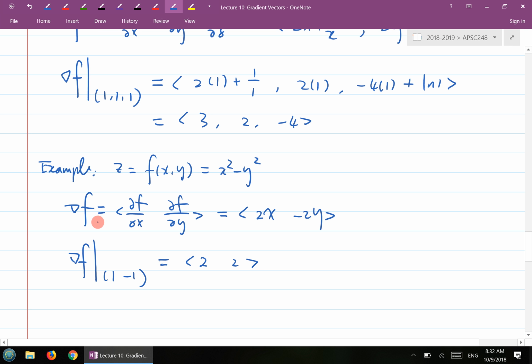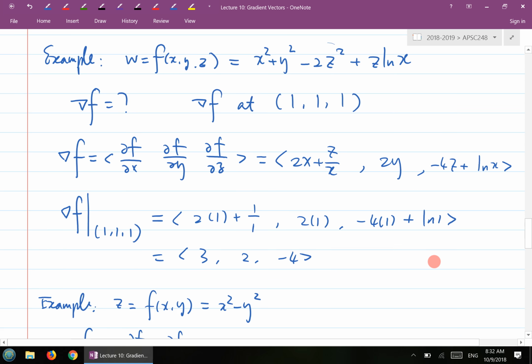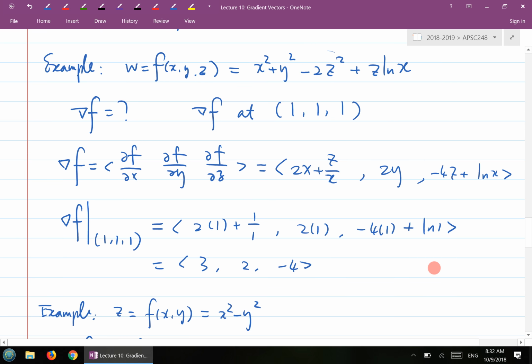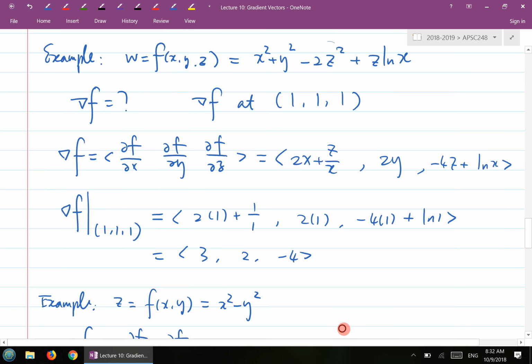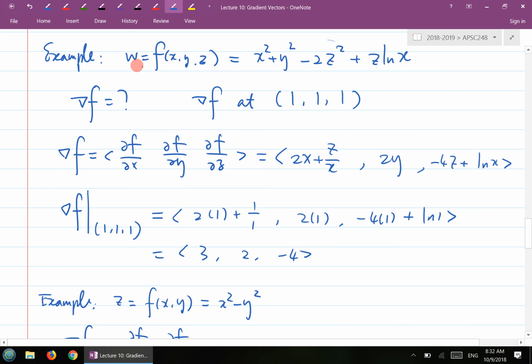So how do I sketch those gradient vectors? First of all, I want you to observe these 2 examples. For the first example here, I have a function of 3 variables.